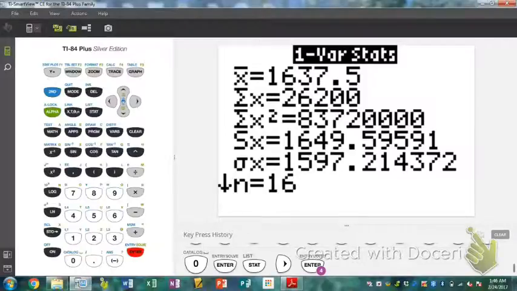And there's my list. Again, reminder of the ones you need. You need that first one. That's the mean. You need the fourth one down. That's standard deviation.